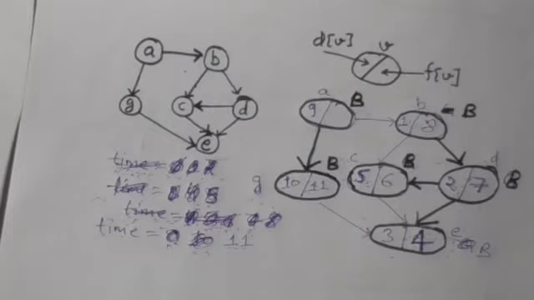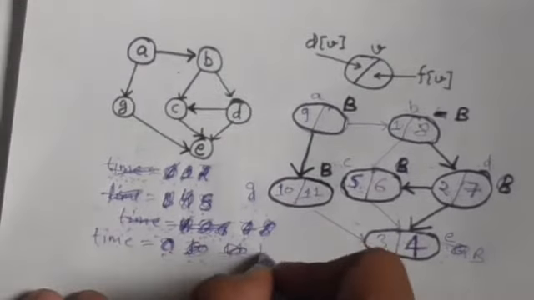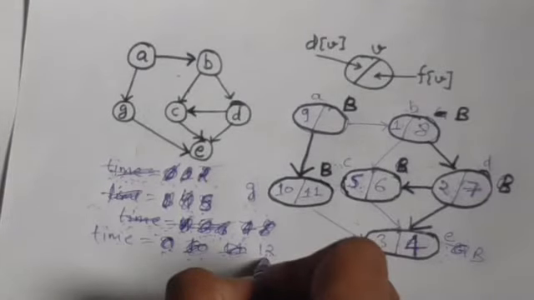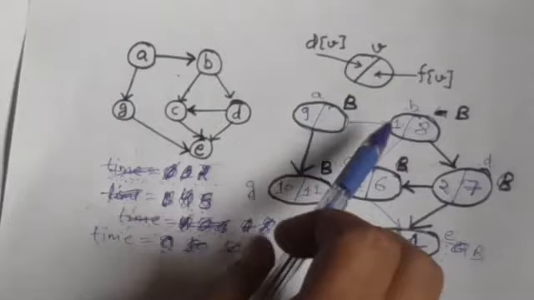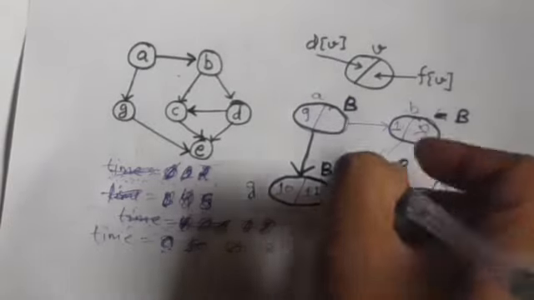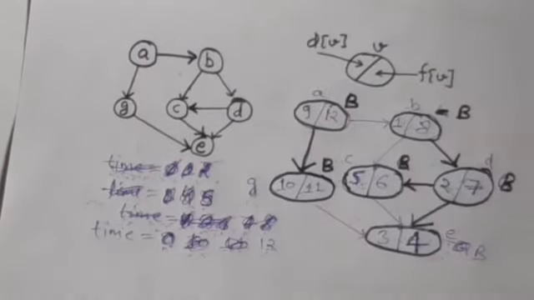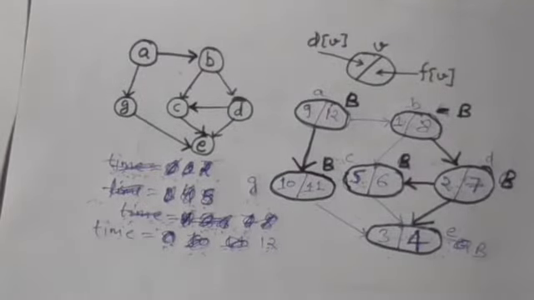So the value of variable time will become 12, and this value of variable time will be set as the finishing time of vertex A. So the finishing time of vertex A will be 12, right? Now see, all vertices of this graph have become black, right? So we will stop there, right? So in this way we can traverse a graph by depth first search algorithm.